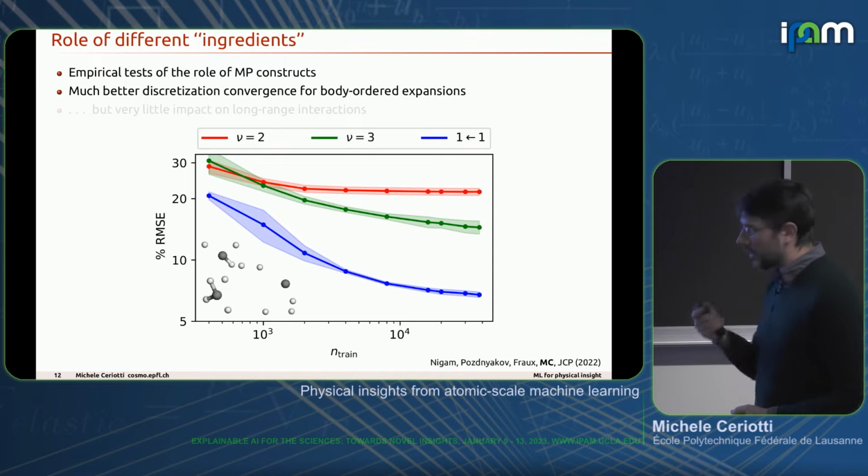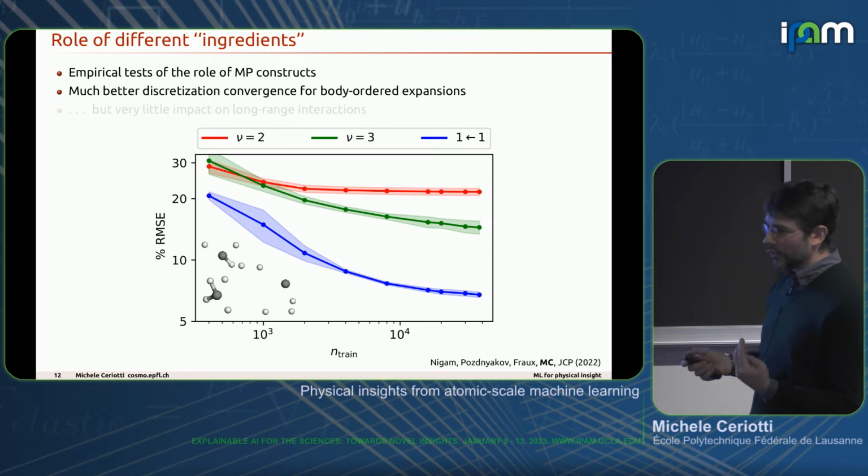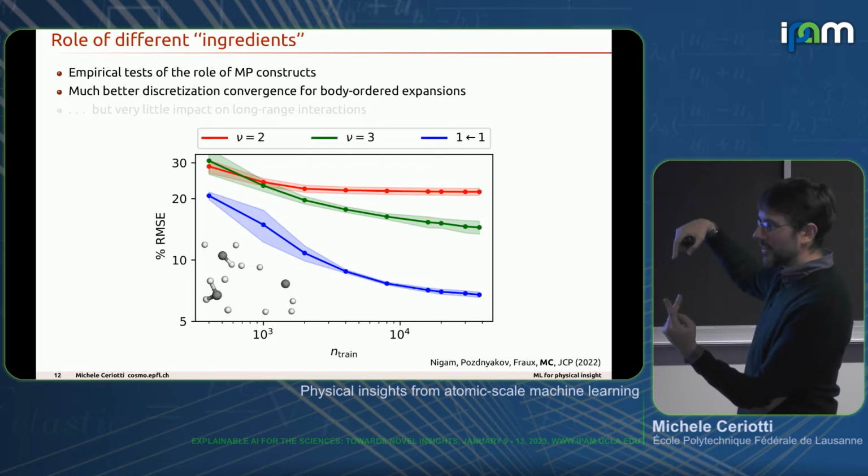Both the green and the blue curve involve correlations between three atoms. But in the case of the green curve, all three atoms are centered around the same one. And in the case of the blue curve, I'm basically looking at the correlation between one atom and one of its neighbors, and the neighbors of one other of its neighbors.